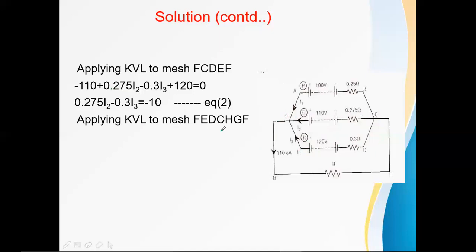Here, applying KVL to the mesh, this is F, this is E, this is D, this is C, this is H, G, F. So this is the path. This is one mesh. So this is the third loop: F, E, D, C, H, G, F.